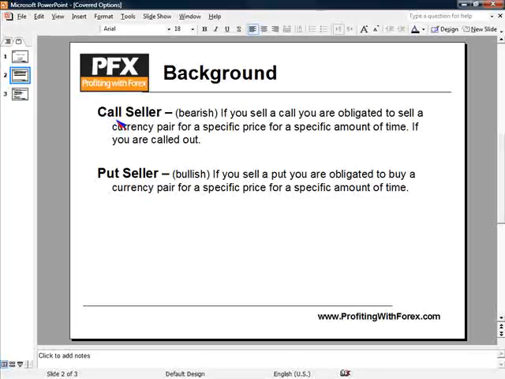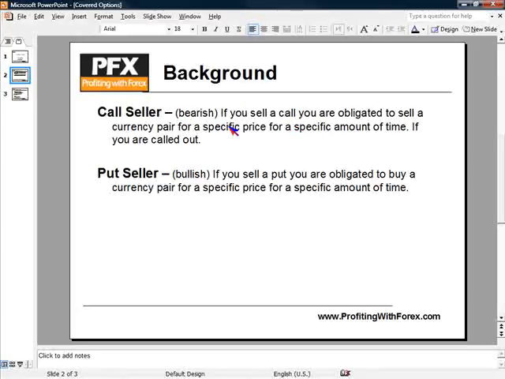For example, when you sell a call, you're agreeing that you are willing to sell this particular currency pair, whatever currency pair you sold the option on, for a specific price for a specific amount of time, so until expiration, and then your strike price. We're going to be talking about that in just a minute.